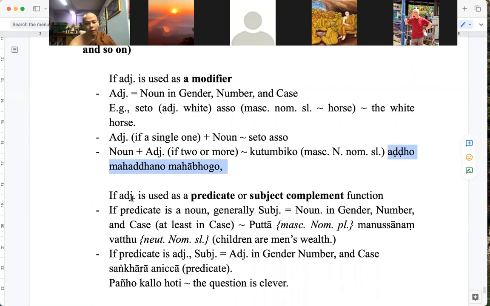But adjectives can also be used as a predicate or subject complement. If the predicate is a noun, generally the subject and noun are the same in gender, number, and case, but at least the case; the other gender and number are optional.